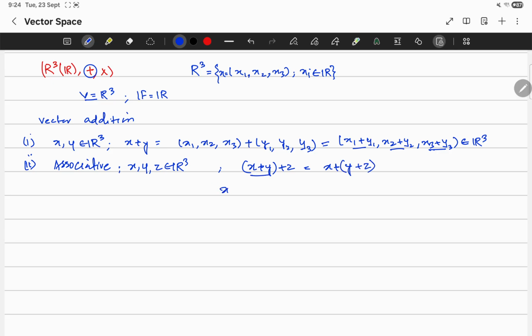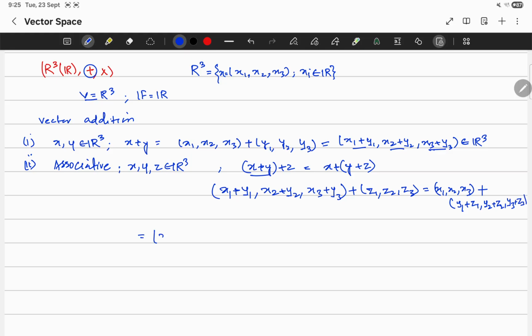So here you will get (x1 plus y1, x2 plus y2, x3 plus y3) plus (z1, z2, z3), and here on the RHS you will get (x1, x2, x3) plus (y1 plus z1, y2 plus z2 and y3 plus z3).